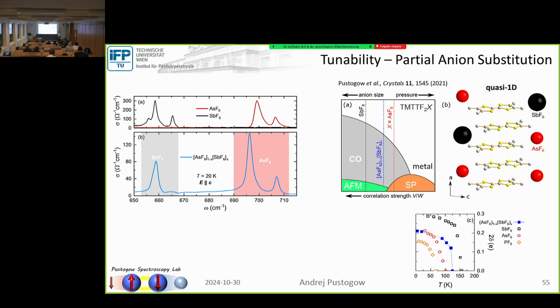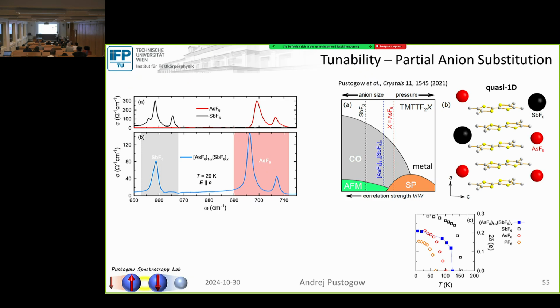So the physics is indeed nicely realized this way. Interestingly, the value of how much charge is disproportionate between one molecule and the other ends up like in the red version, so in the arsenic compound. But these are details.